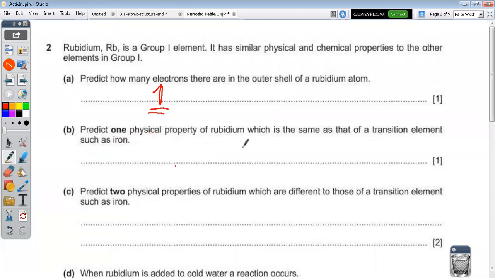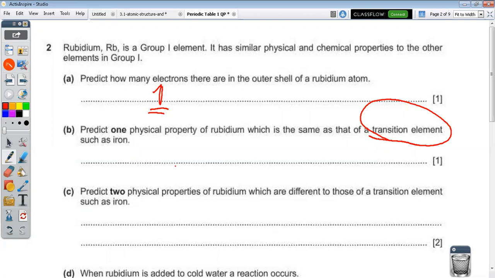Predict one physical property of rubidium which is the same as other transition elements. We know that transition metals have high melting points and high boiling points, but we can't say that of group 1.